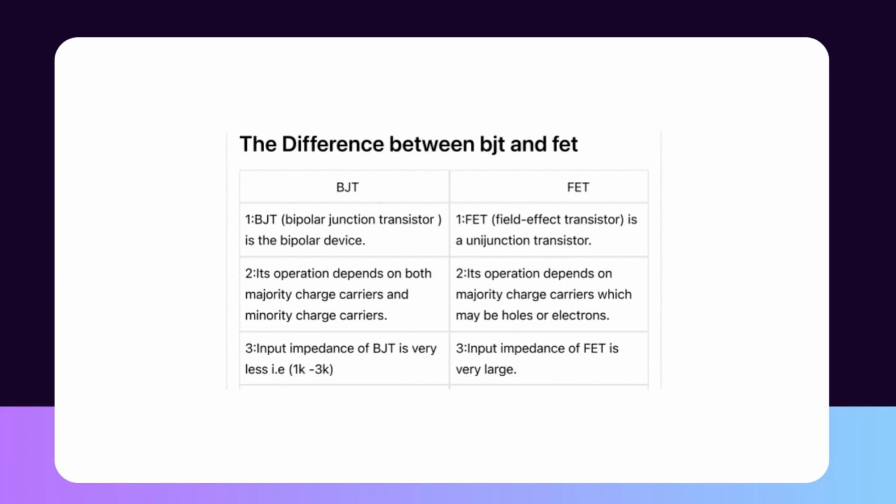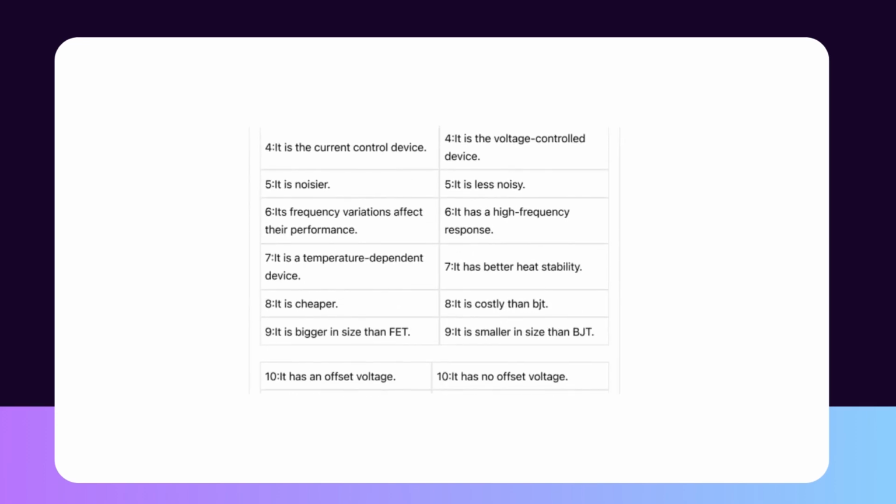In the case of input impedance, BJT has very low input impedance, ranging from 1 kilo ohm to 3 kilo ohm, while FET has very high input impedance. A BJT is a current controlled device, while a FET is a voltage controlled device. It is controlled by the electric field.